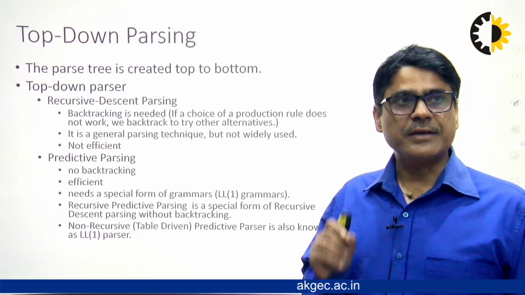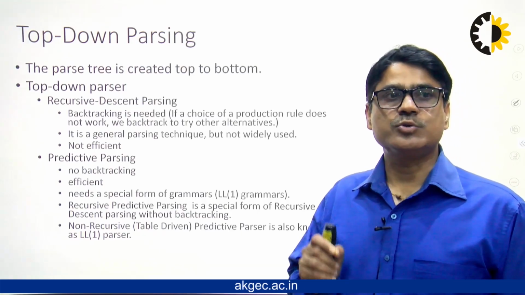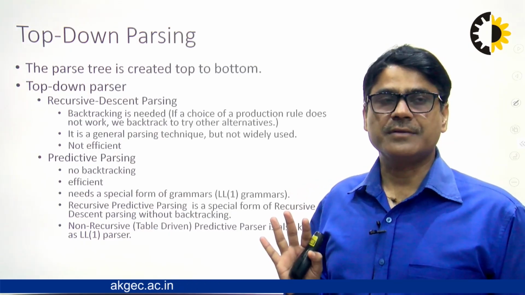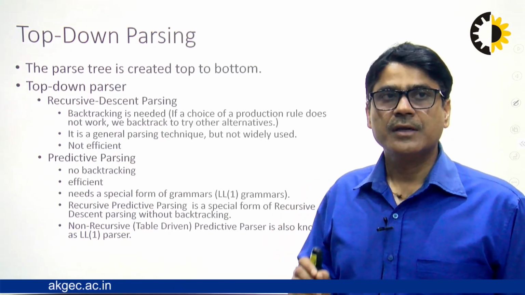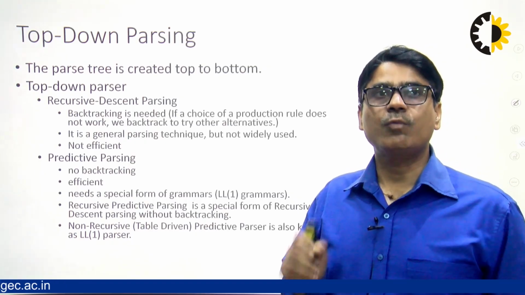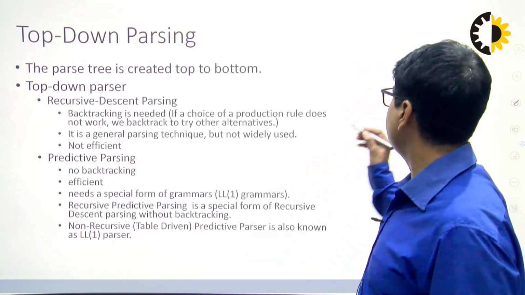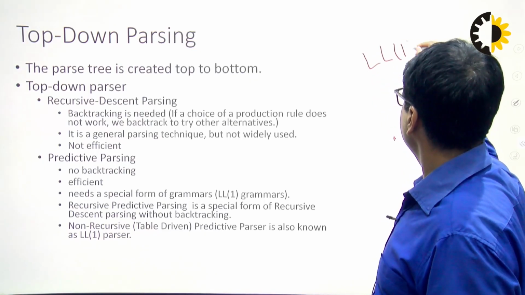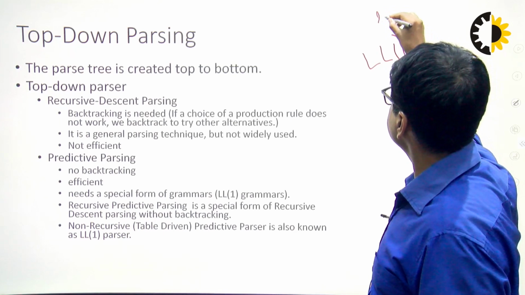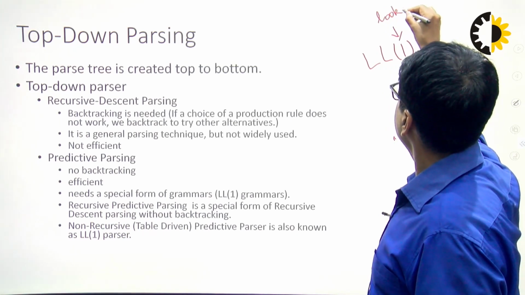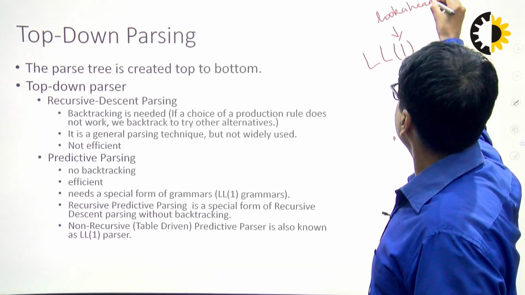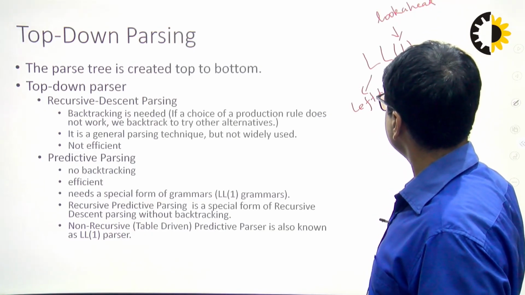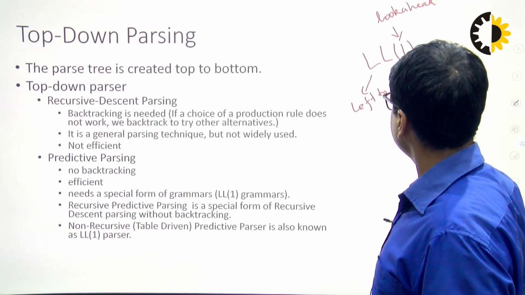But predictive parsing is very important, and it is used for all the grammars which can be handled by this predictive parsing. Predictive parsing is called LL1 grammar. Why is it called LL1? The one is the lookahead. The first L is left-to-right scanning, because we are using left-to-right scanning.